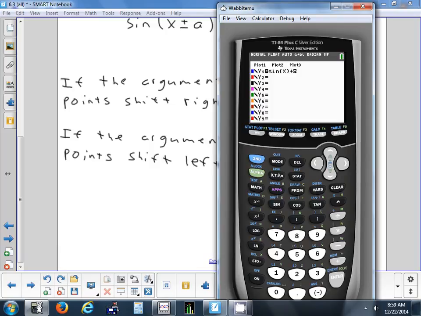Actually, you could look at the cosine table. It wouldn't make a difference for x's. 0. Yep. 3 pi over 2 and 2 pi. Yep. Okay, so those are my original x's.